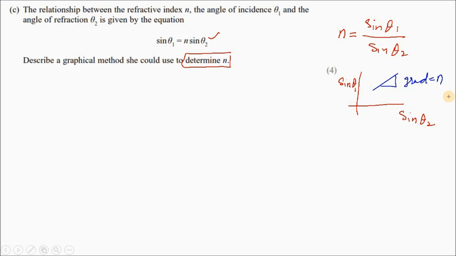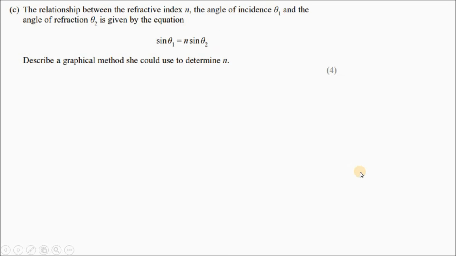So that's how you need to explain. You need to write your answer that for various values of θ1 and θ2, students should calculate sine of their angles and then plot the graph of sine θ1 on y-axis, sine θ2 on x-axis, and from the graph, which should be a straight line, the gradient gives us the refractive index. So that's how you can explain, or you can write.